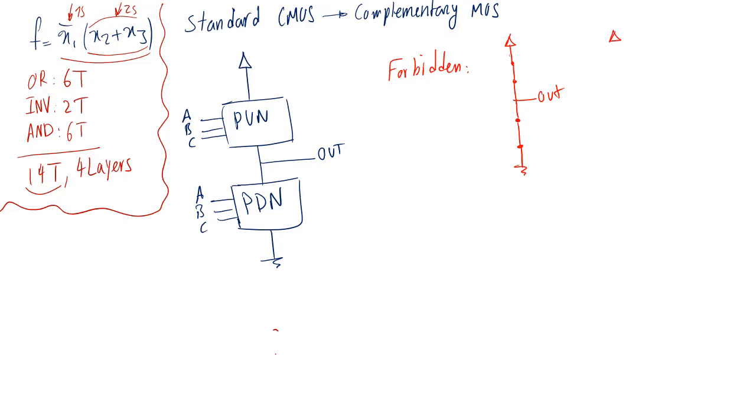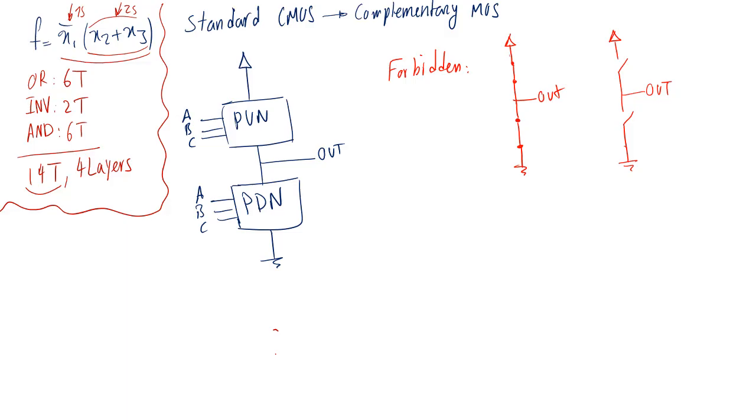The other forbidden state was when we have both pull-up and pull-down networks disabled. Meaning that the output is connected to neither VDD nor ground. So that's also something that we never want. We want the output to always be connected to something that is known, so that we can tell if the output is a 1 or a 0, not an unknown kind of state.